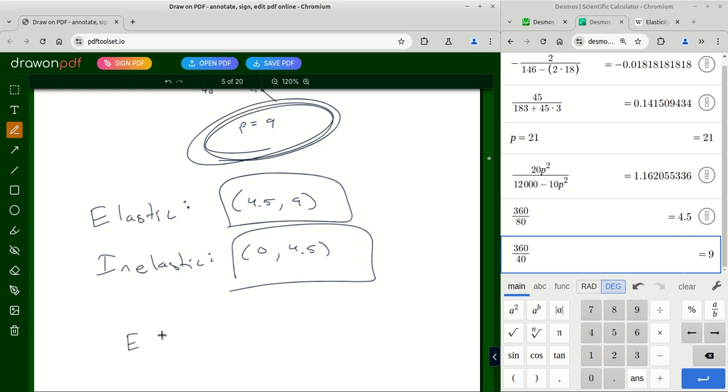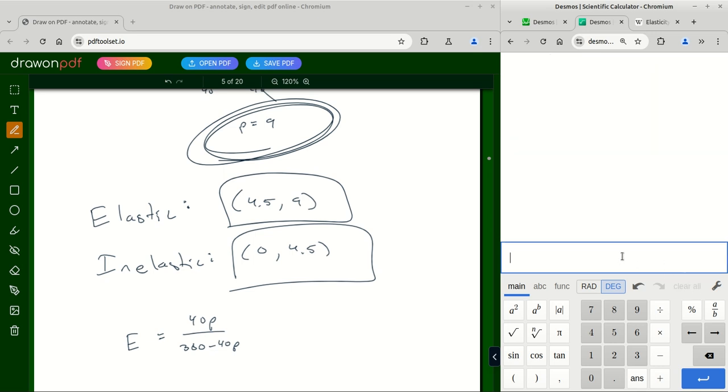What we have for my elasticity is this thing here. I want to plug in values that are somewhere in these two answers, and I'm going to prove my point. So I want to clear these things out because it's brand new stuff. I got 40p and the 360 minus 40p.